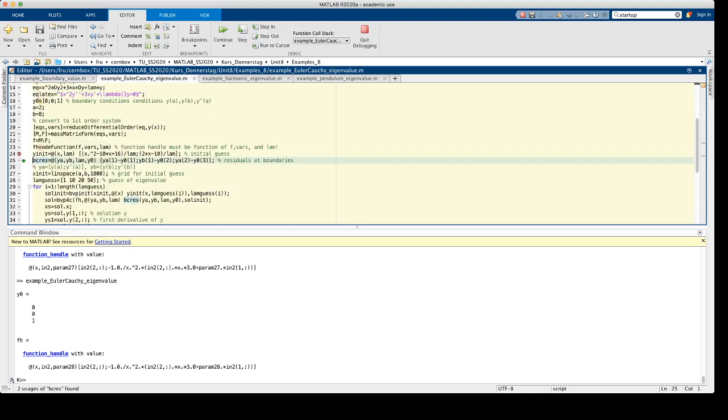In the eigenvalue problem, this also has to depend on the free parameter lambda, which is here in the third position. Well, it's not actually used in the computation of the residuals, but it has to be there as an input argument of this function handle.